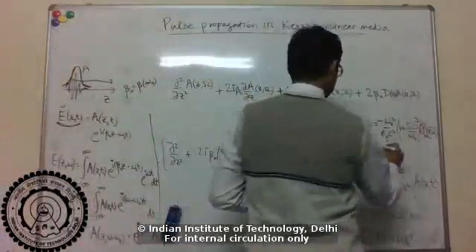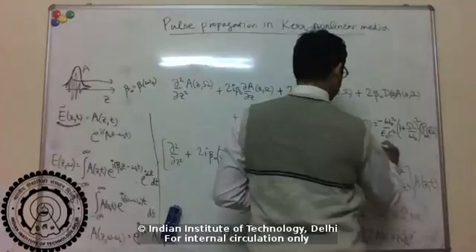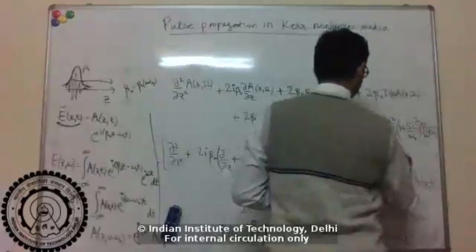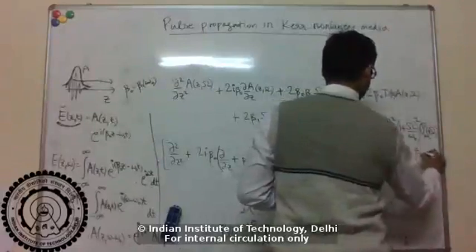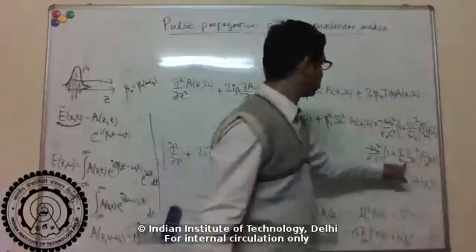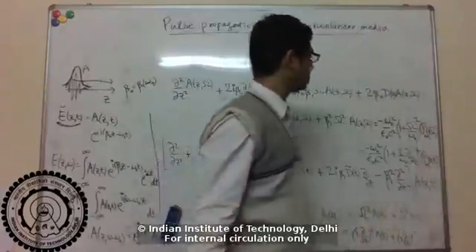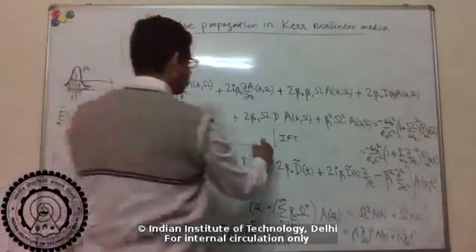So the right hand side becomes minus omega naught by epsilon naught c square, and 1 plus i over omega naught d by dt, square, of the nonlinear polarization as a function of time. Okay, so I get d by dt here for this. Okay, so now I've gone to this time domain equation.